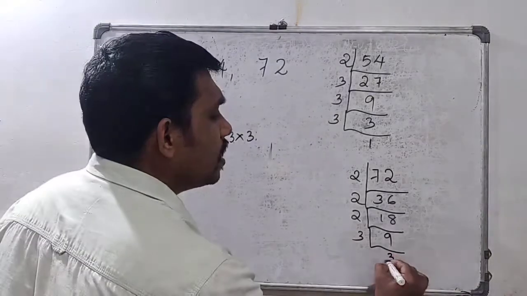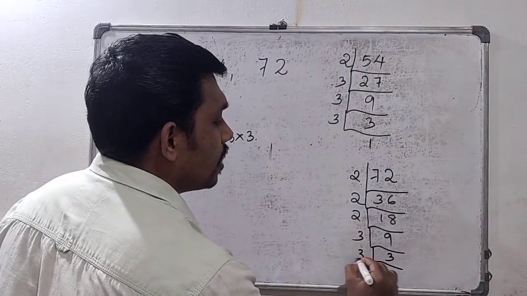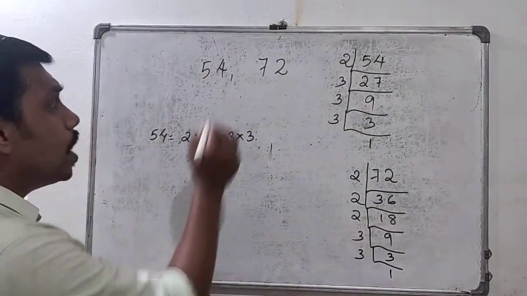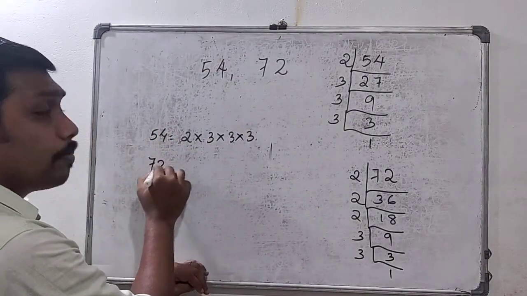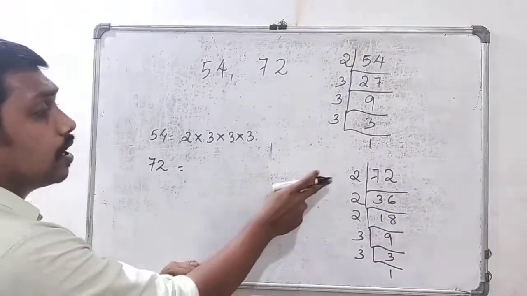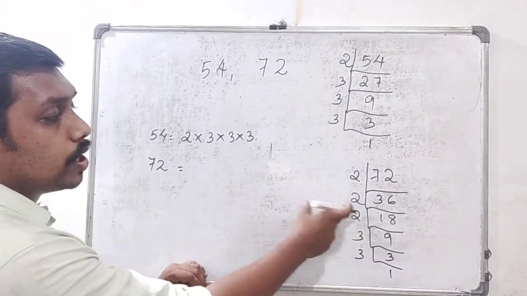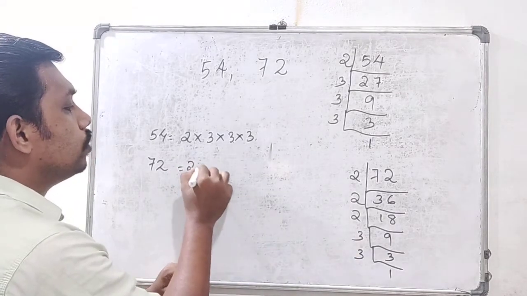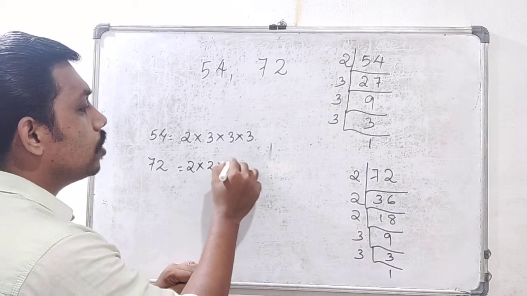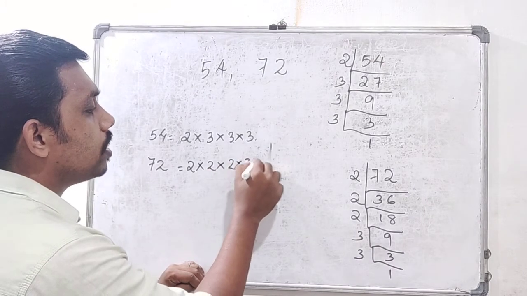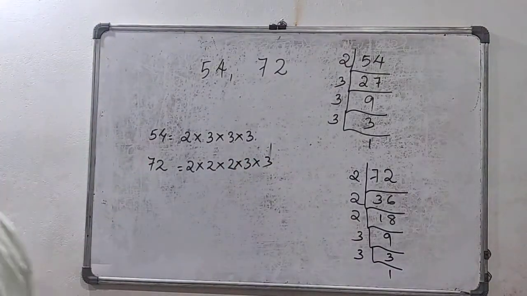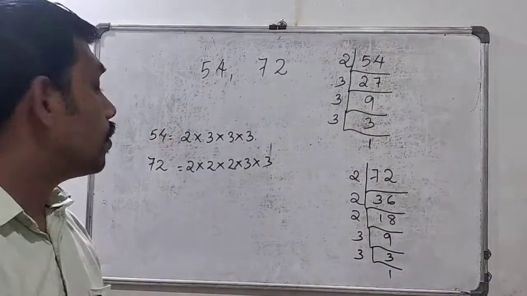So we get the answer 3, and now we can divide 3 by 3. We get the answer 1. So here we have the prime factors of 72: 2 into 2 into 2 into 3 into 3. So these are the prime factors of the given numbers 54 and 72.